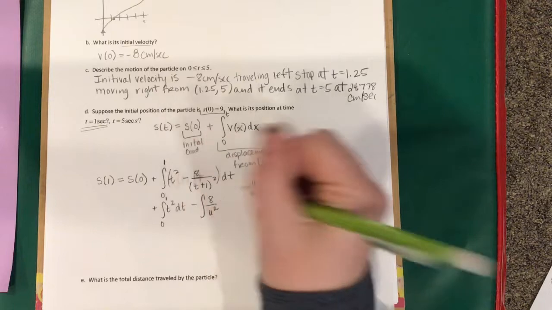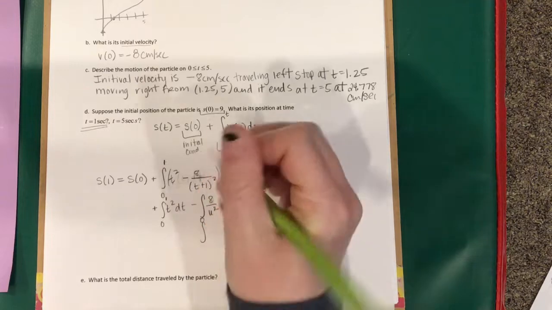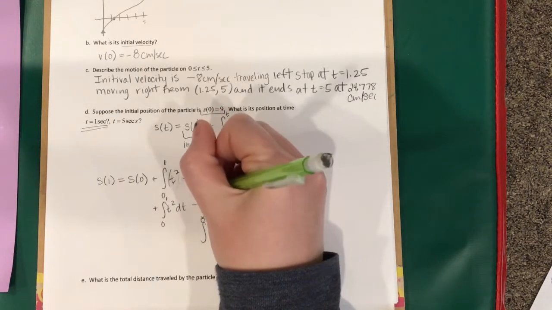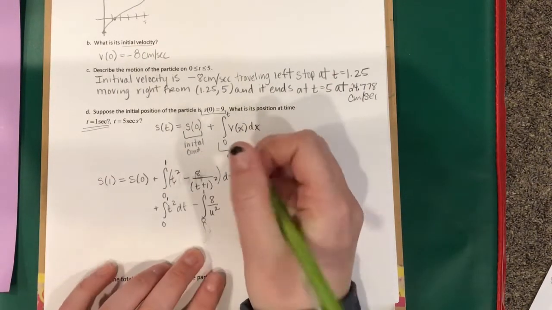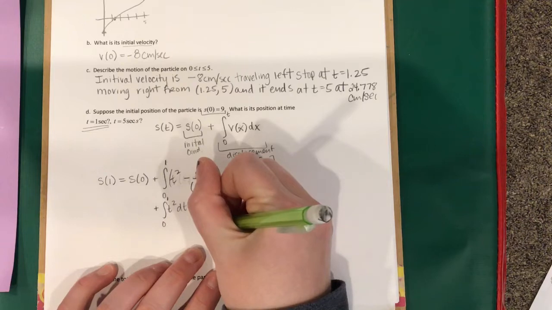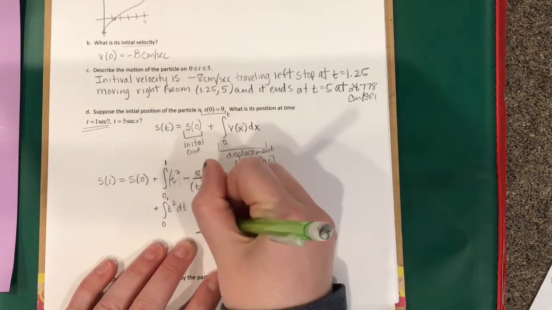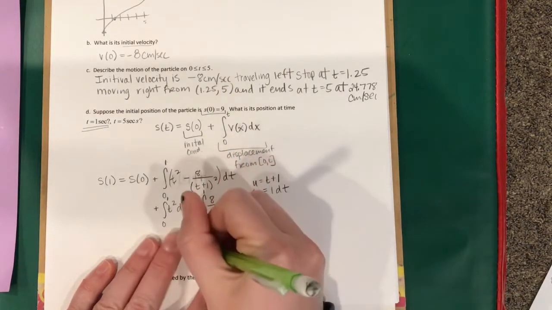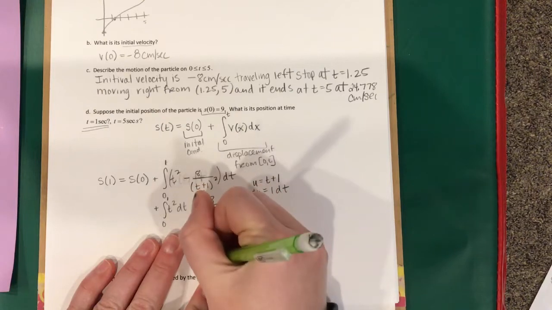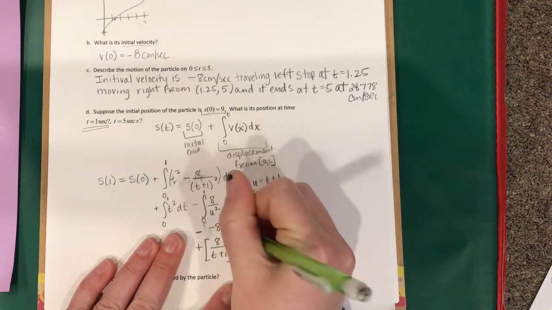So when we go to do this, we know that we're going to end up with the integral from 0 to 1. And our antiderivative is going to be 8u to the negative 1, but it's going to be negative. So minus negative 8u to the negative 1. So I'm left with plus 8 over t plus 1 from 0 to 1.